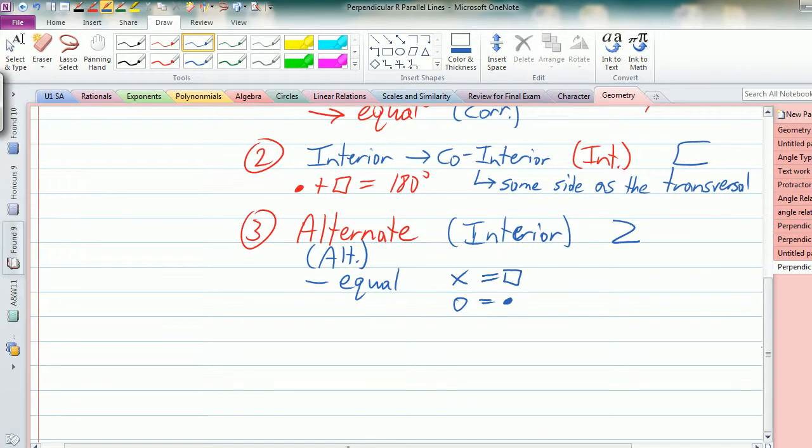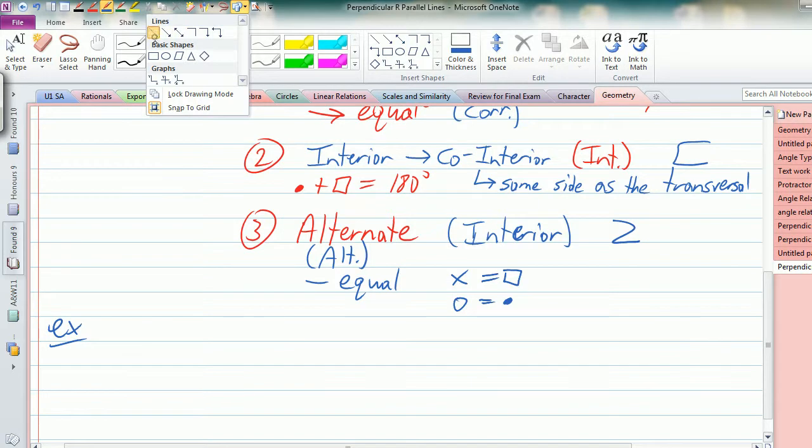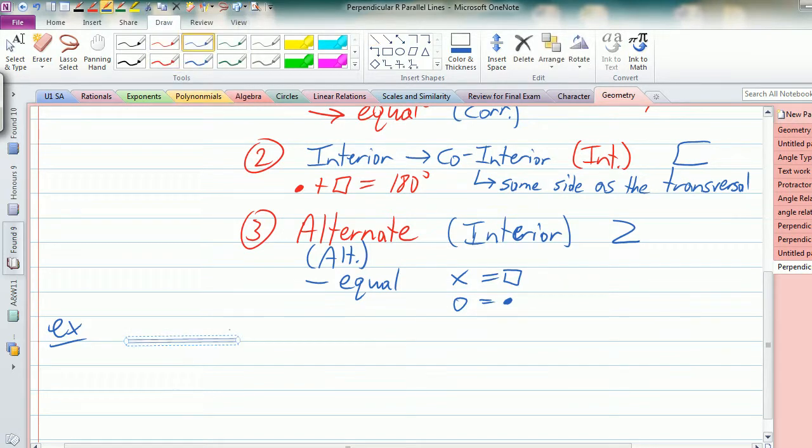Alright, let's try an example. Let's draw 2 parallel lines. And we'll draw a transversal. And put the transversal this way this time. We will say that this here is 50 degrees. We'll call this angle 1, angle 2, angle 3, 4, 5, 6, and 7.